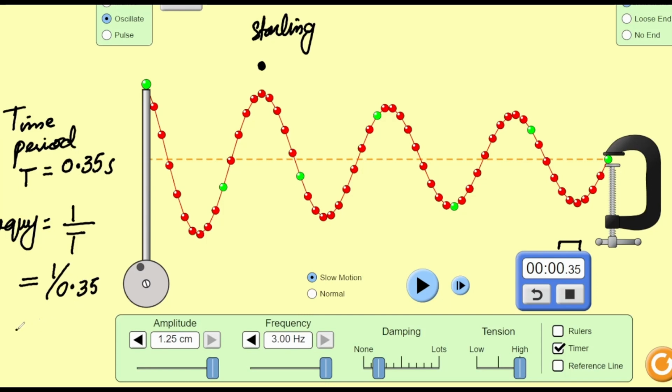There may be some difference in the value, because we are not being very accurate over here, but we should get an answer close to 3 Hertz, as I've set the frequency to be 3 Hertz. Do we understand this point? Yes. So 1 divided by 0.35, can you try that? I'm getting 2.9 after 2 significant figures, which would be approximately 3 Hertz if I had been more accurate with my readings.